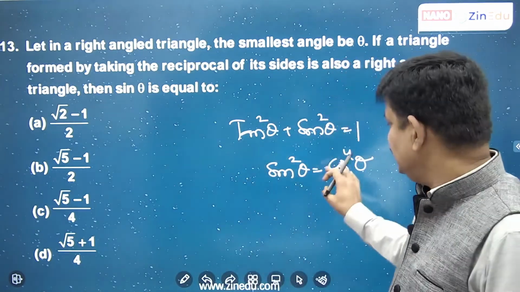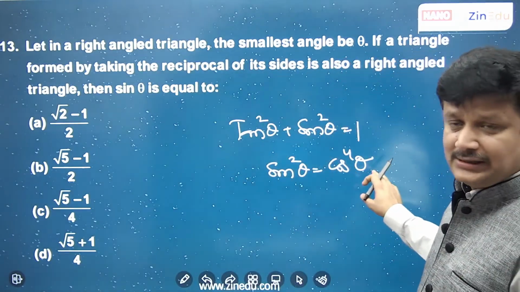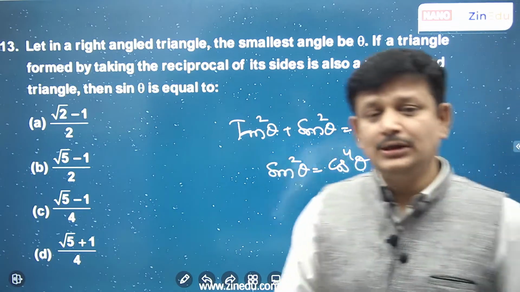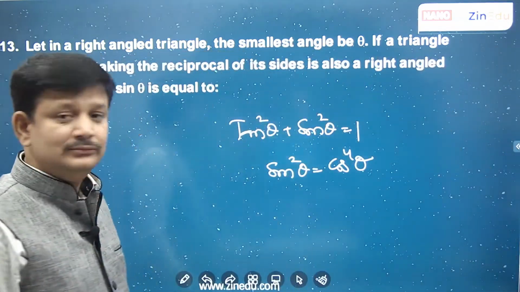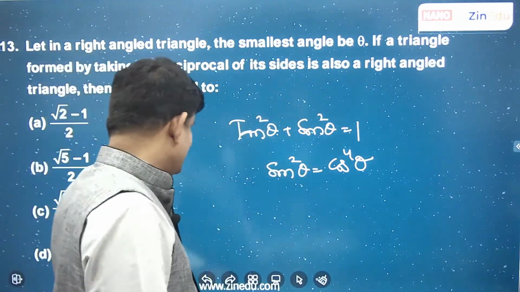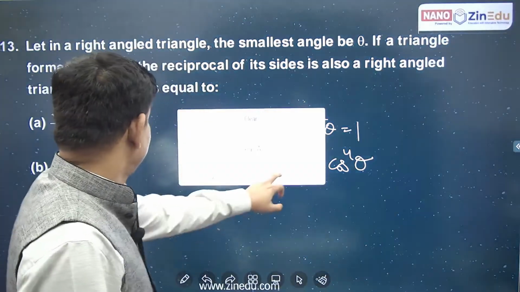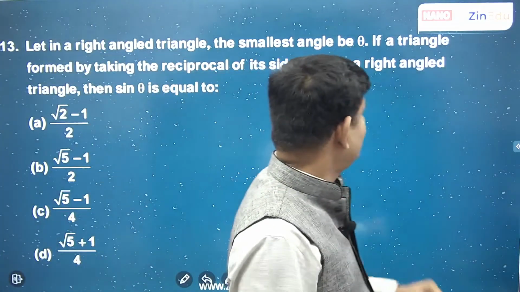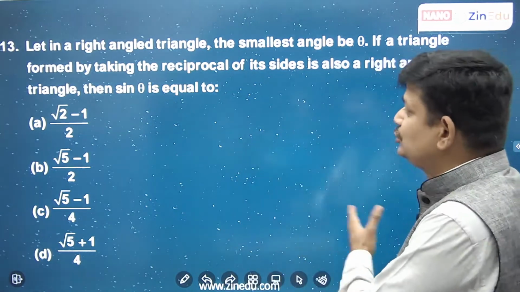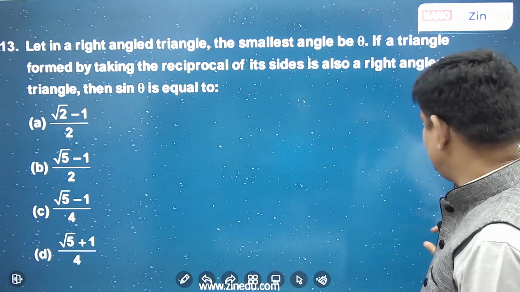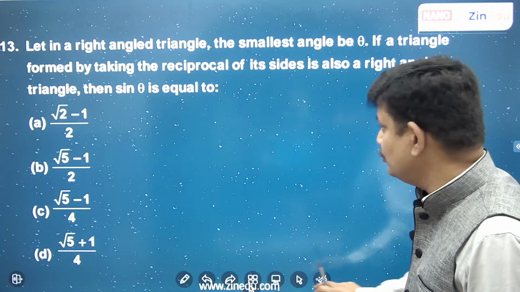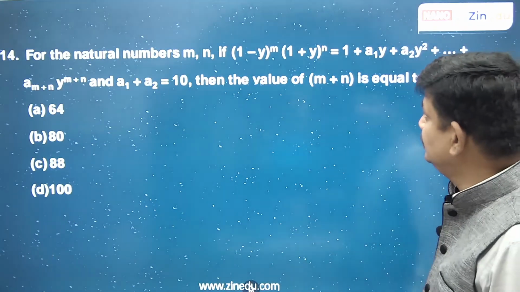Okay, so here cos square theta, you can write it as 1 minus sin square theta whole square. So again you have the quadratic in terms of sin square theta. So not at all a complicated question, just that you need to assume things in a right way. Don't overload with a lot of assumptions.